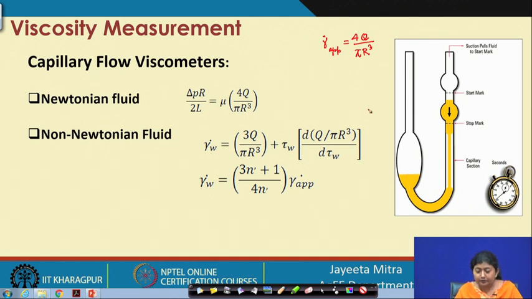Since it is a non-Newtonian fluid, we are supposed to take this as gamma dot apparent, equal to 4 Q by pi R cube.